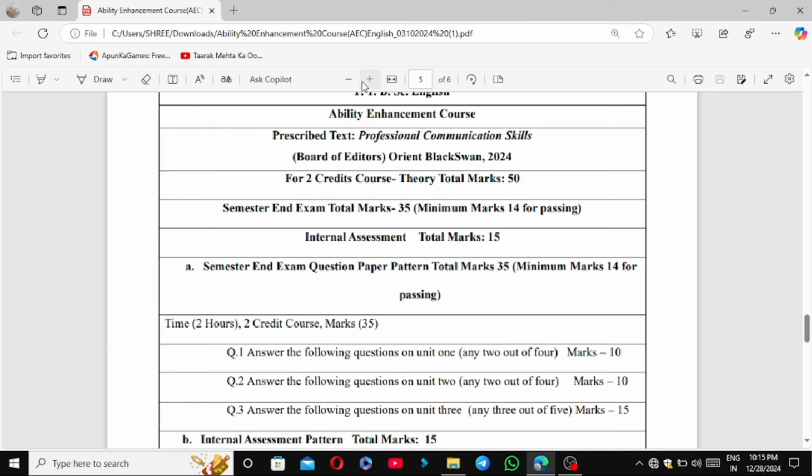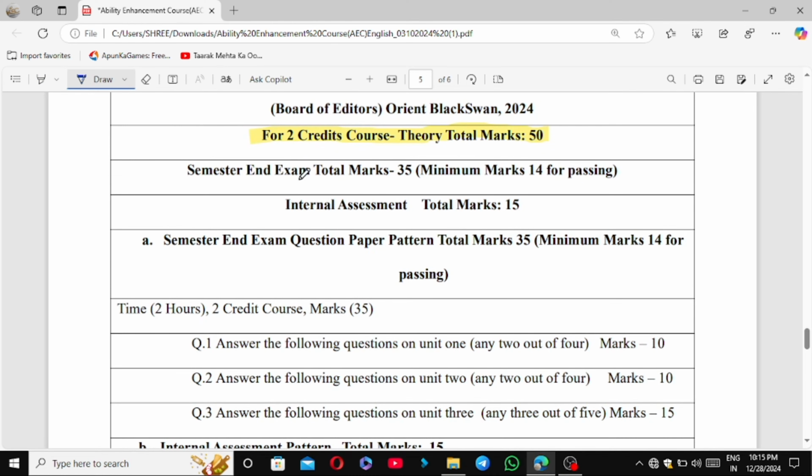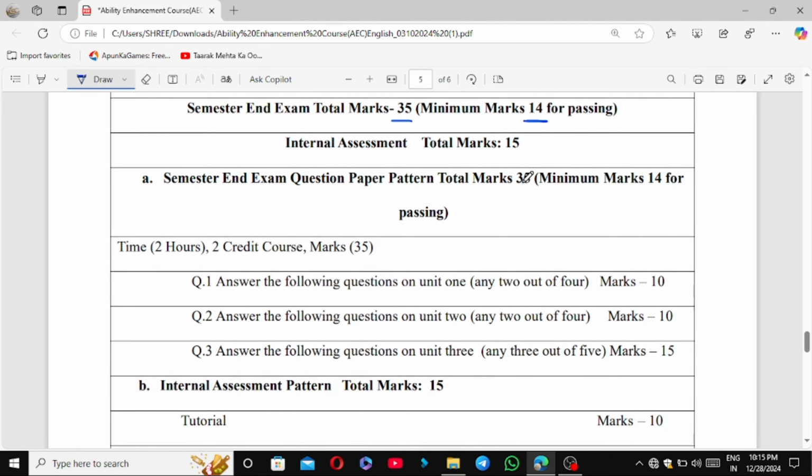Okay, as you can see, the English subject is for 2 credits, theory total marks 50. Okay, so semester end exams total marks 35, minimum 14 marks for passing, and internal assessment for 15 marks.